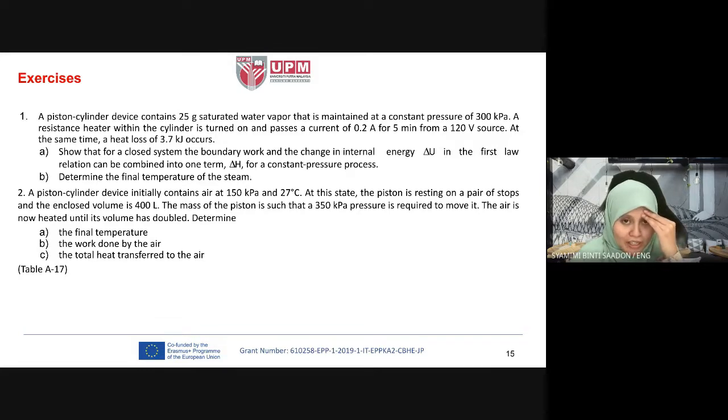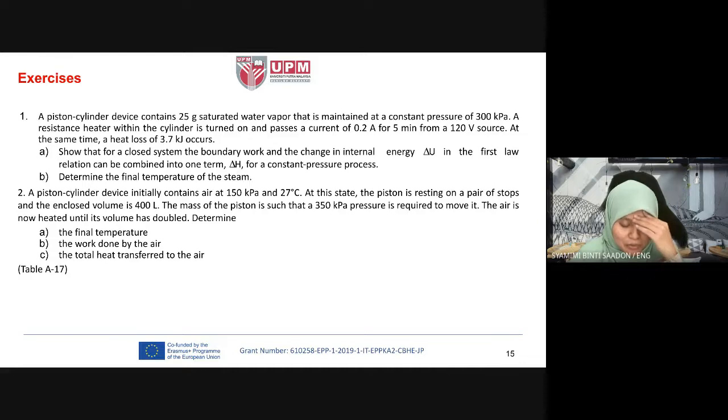Okay, but I advise you to change into kilojoule because you need to use the table. Tables is in kilojoule, and the heat loss also given in kilojoule. So change it into kilojoule, so you get 7.2 kilojoule or 7,200 joule for electrical work. Okay, so that is just one part.